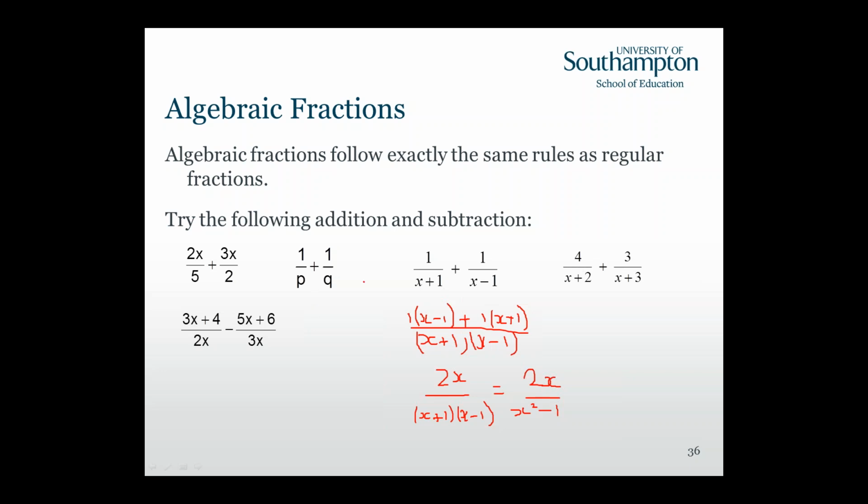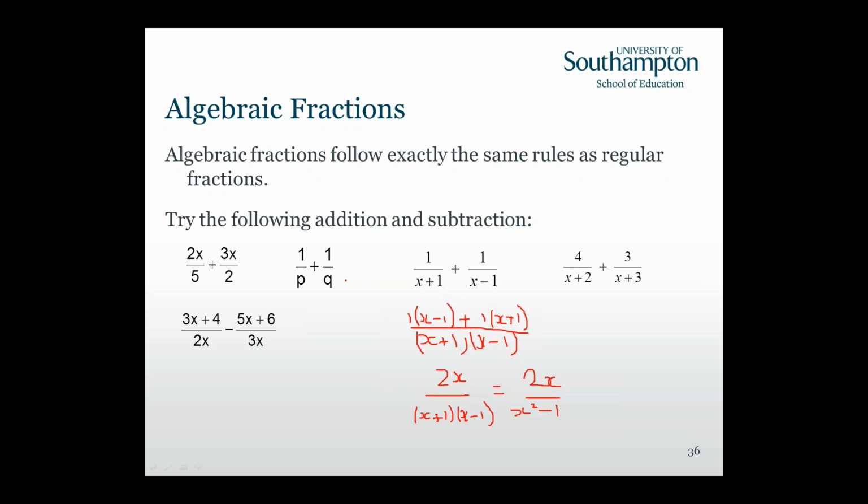And Hugh, what did you get for this second one? Common denominator would be PQ. So I got Q plus P divided by PQ. Yeah.